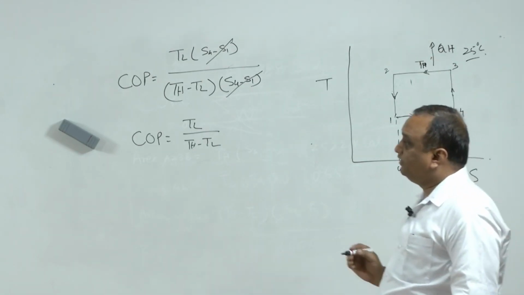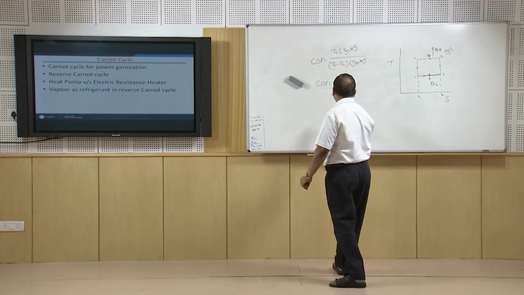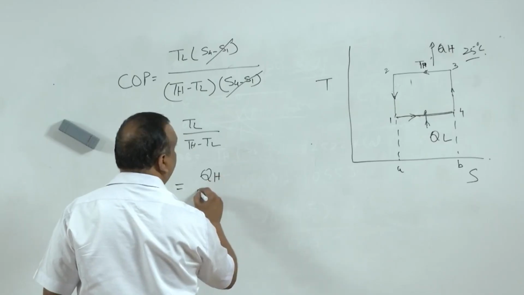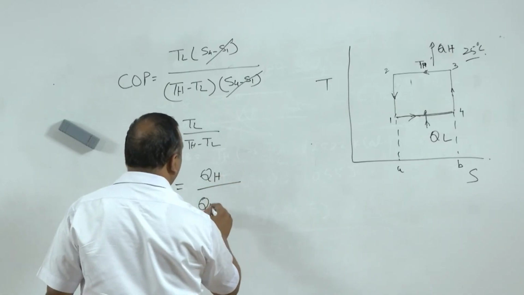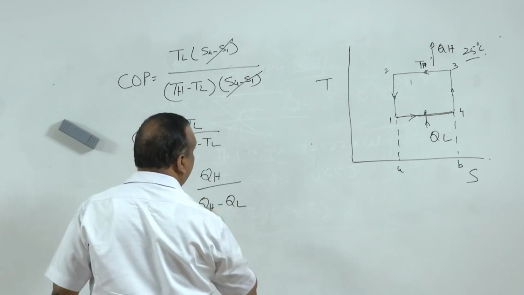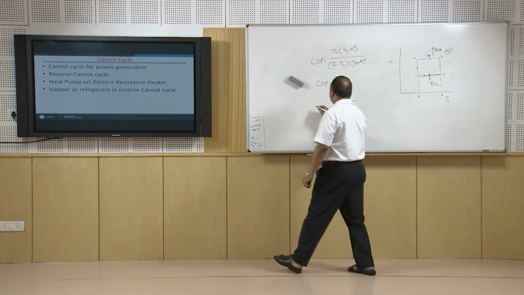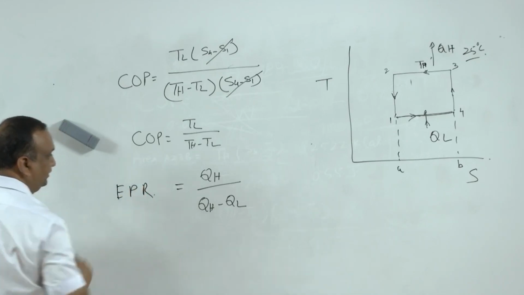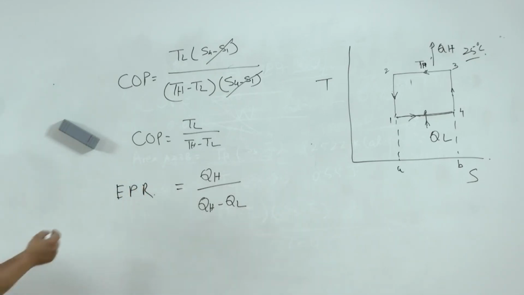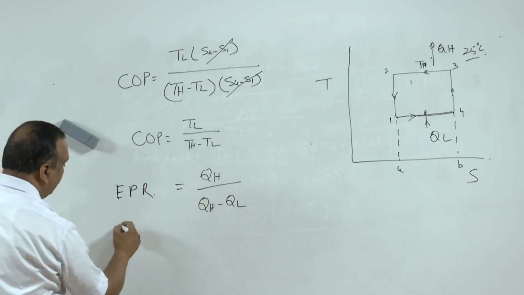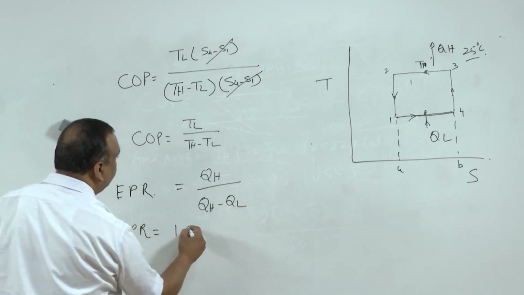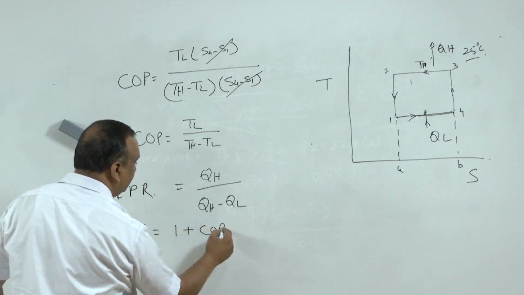In that case, the efficiency of the heat pump can be expressed as QH divided by (QH minus QL). This is known as the energy performance ratio of the heat pump. Now, if you compare these two, the energy performance ratio turns out to be 1 plus COP.